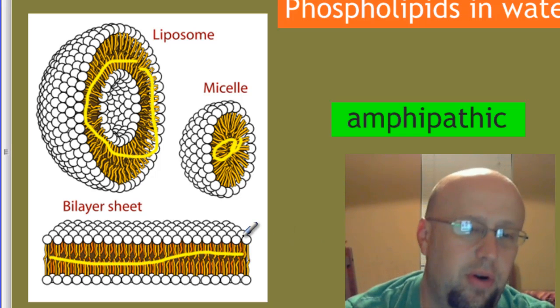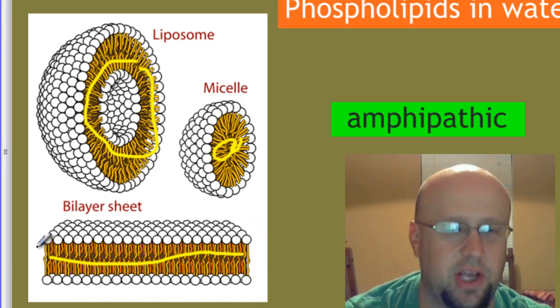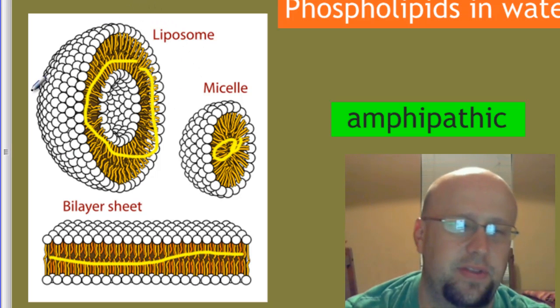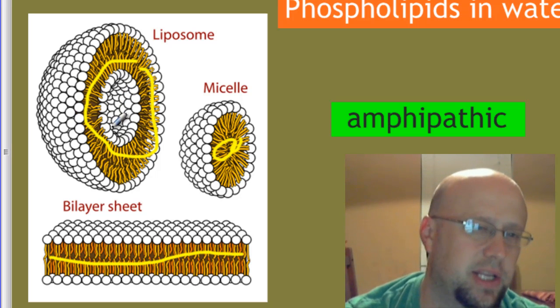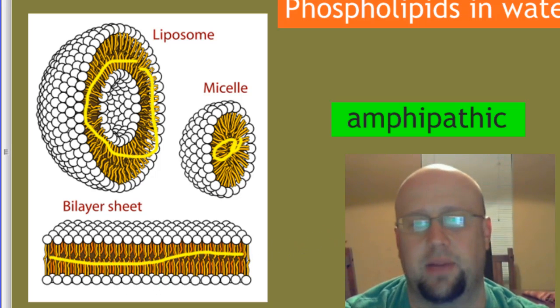This bilayer sheet is essentially what every cell membrane is made up of. And if you look at this little liposome here, it gives an idea of what a cell is: a membrane on the outside and a pocket of stuff on the inside. That essentially is what a cell is going to look like.